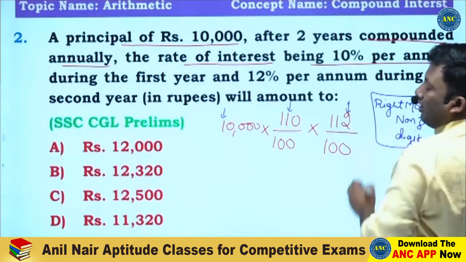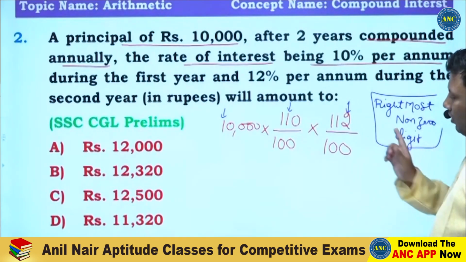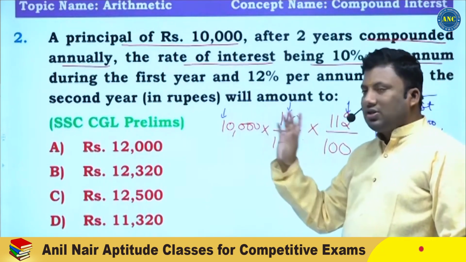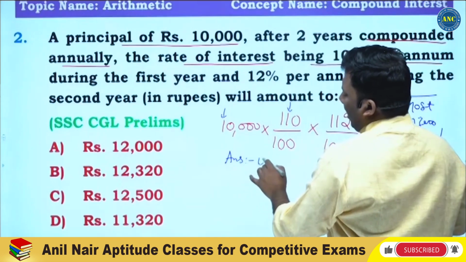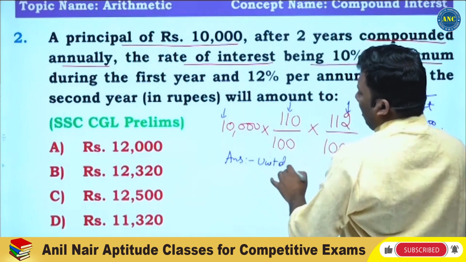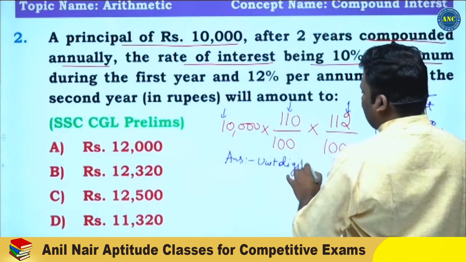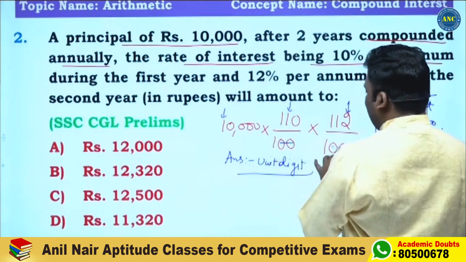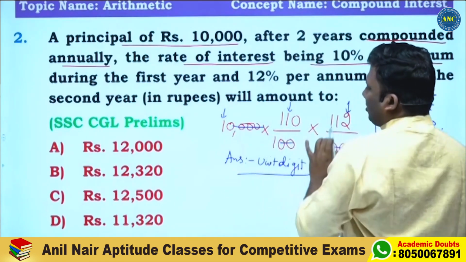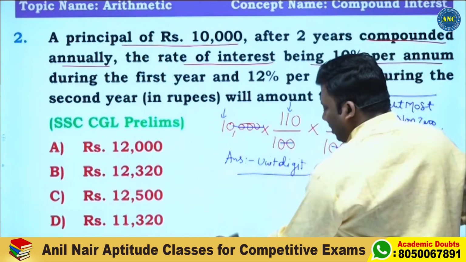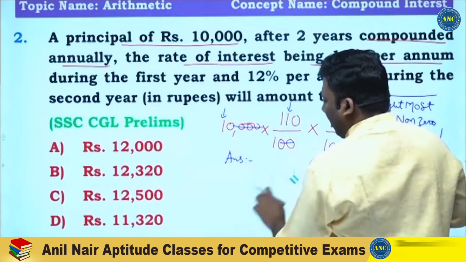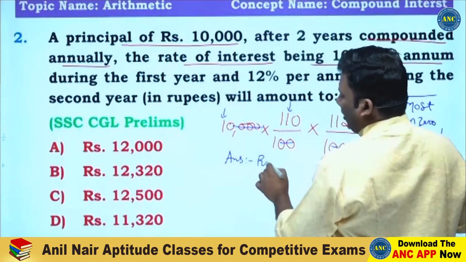What is the first rightmost non-zero digit? 2. 1 into 1 into 2 is 2. Answer unit digit should be 2. Remaining all zeros will get cancelled. The answer's rightmost non-zero digit will be 2.